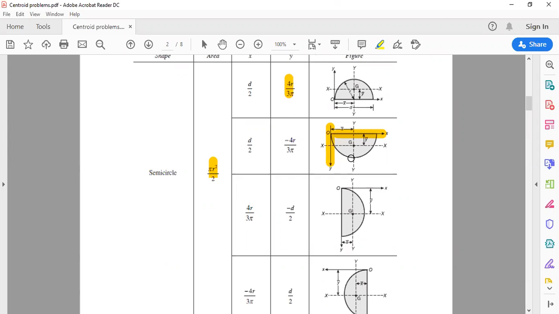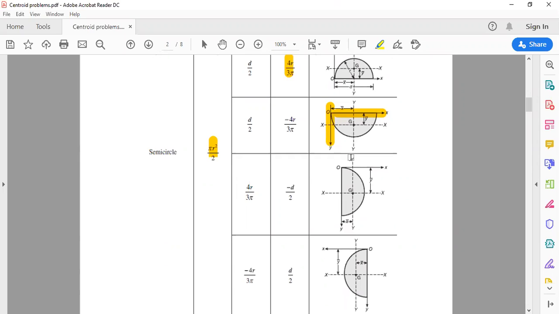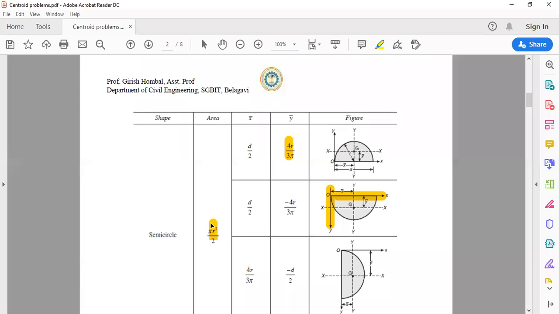In the fourth quadrant, what happens? We will see with respect to sign. So here, the area remains the same. Let us calculate x bar and y bar now.